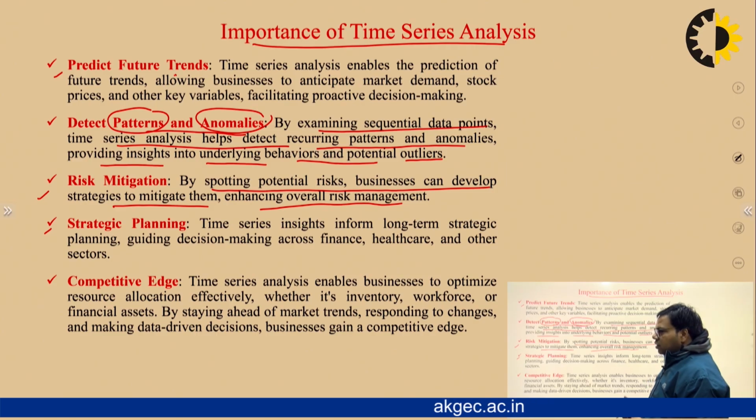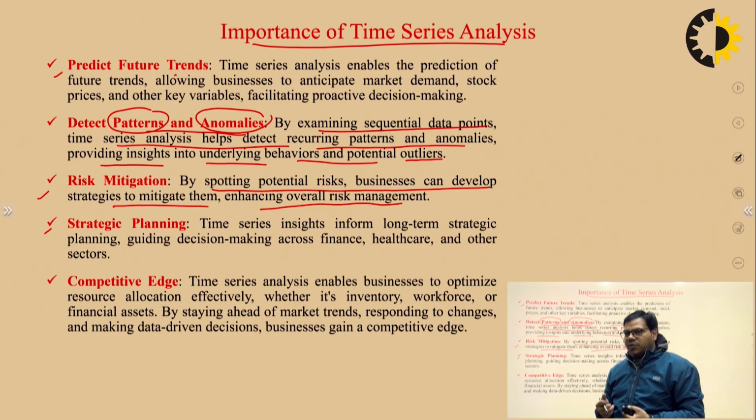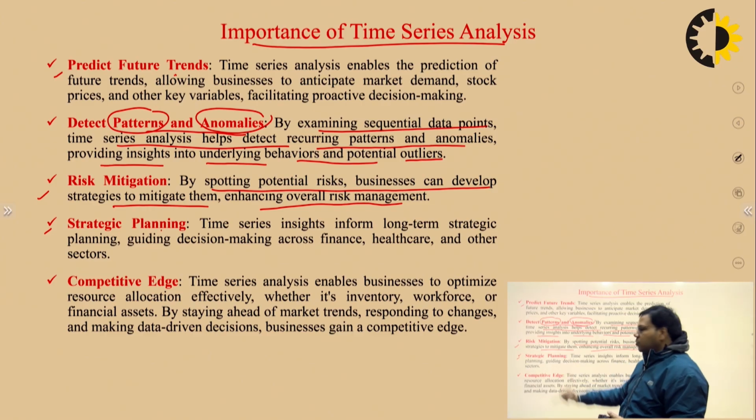Like if over a period of time I saw that in the winters the sale of a particular product, say woolen products, is going to rise, then I can make proper strategies or proper planning to fulfill the hiked requirements or the additional requirements during these seasons. So better planning, or strategic planning, can be done for such kinds of scenarios.